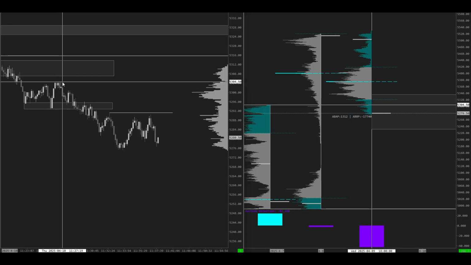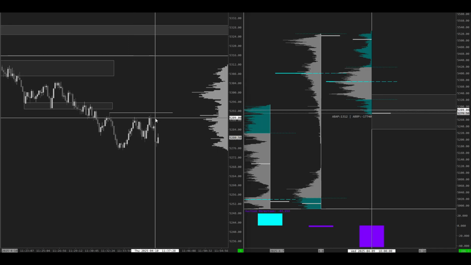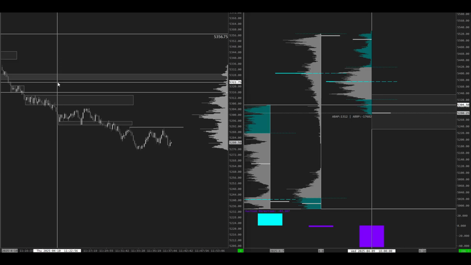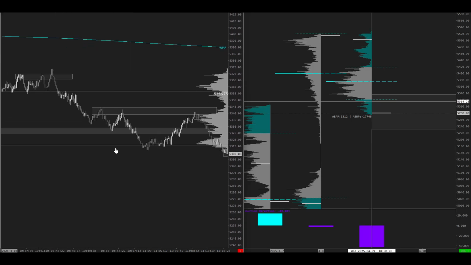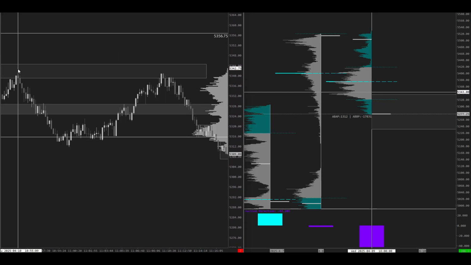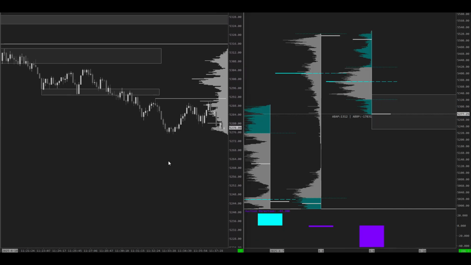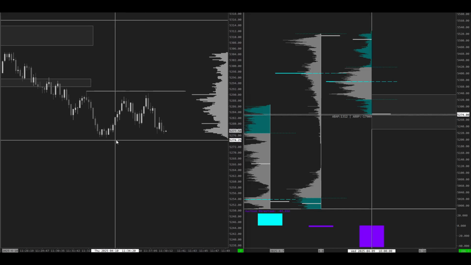We're immediately seeing signs that sellers are defending it, and then they take it lower. So you want to see something like that, or you want to see something like the rejection back here where it just quickly goes up and right back down. That's what you want to see preferably there.